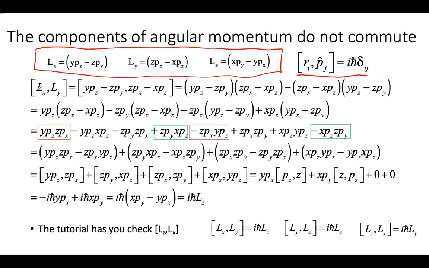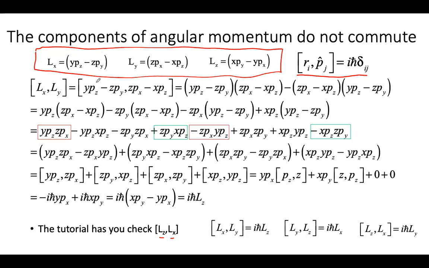I wrote x as opposed to y, and I should tell you, your tutorial will have you check, I think, zx, instead of xy like I'm doing it here, but you're basically going to be doing this same bit of mathematics. You don't have to do it in as much detail. When Griffiths does this example, he does it in two steps, I think. For me, that's a little bit quick, and I want to make sure that you see where this is coming from.